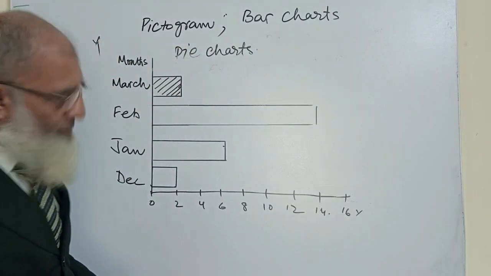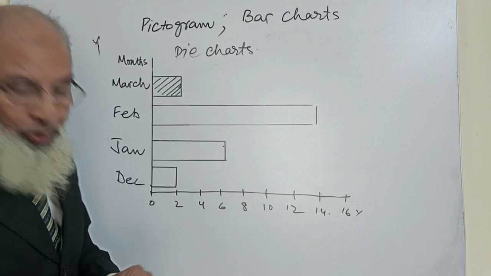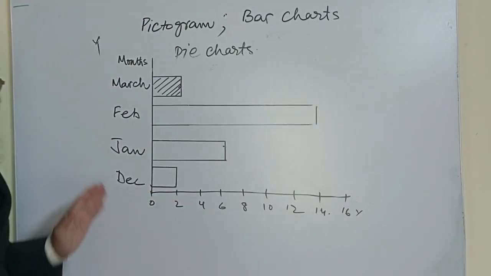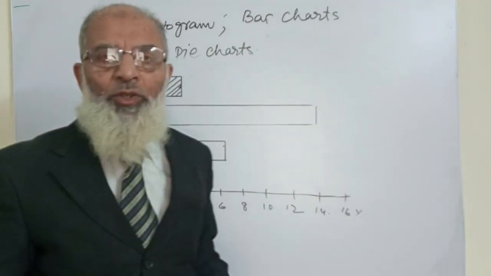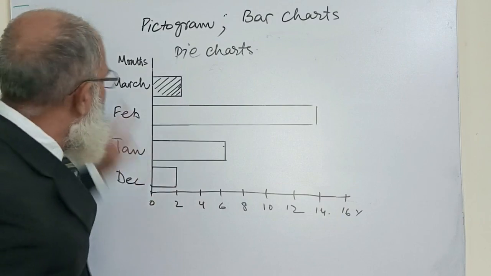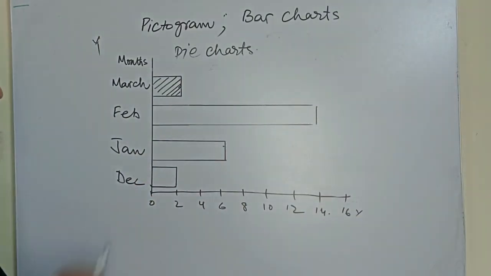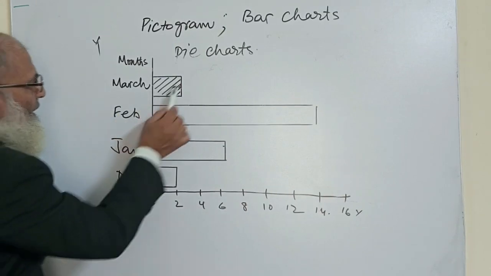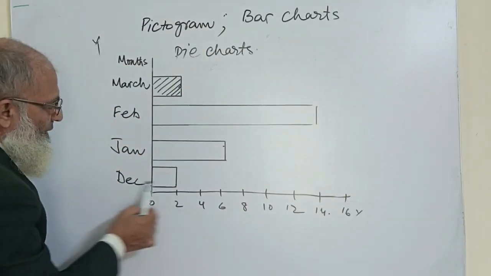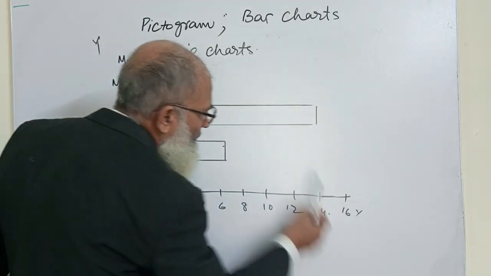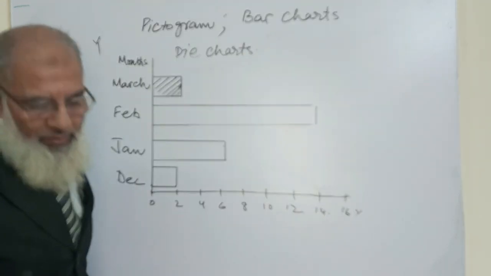Now you can easily tell your viewers that the reader will at once know how many days of rain there are in different months. So in March, 3 days. In December, 2 days. In January, 6 days. And in Feb, 14 days. So it is very simple.